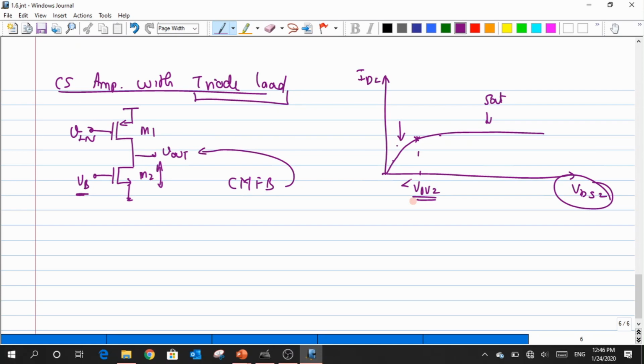So we need an extra circuitry as we had before for a common source amplifier with a current source load. So there is one drawback. The second drawback is that let us assume we have somehow achieved that my transistor M2 is operated in the linear regime. Now what is the small signal resistance that it imposes for us? Is it equal to r0? r0 is the output impedance that I have when I look through the drain of a transistor when the transistor is operated in the saturation regime.